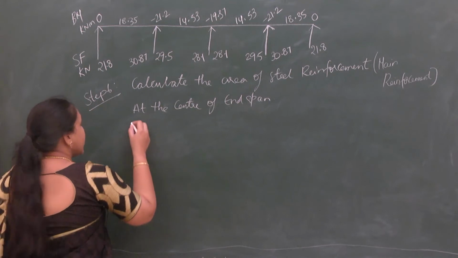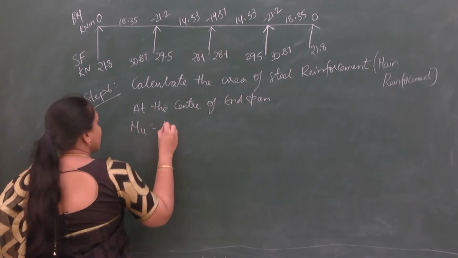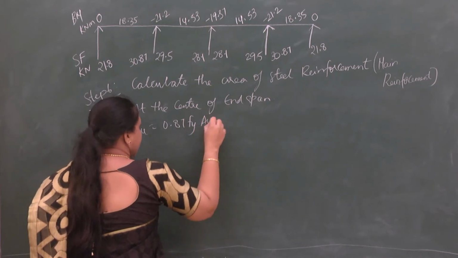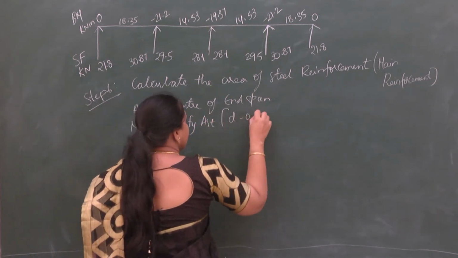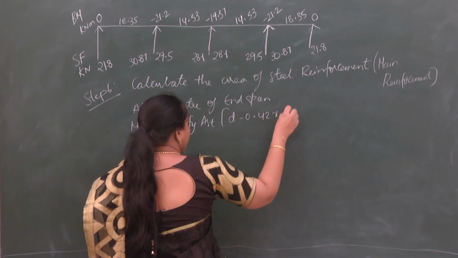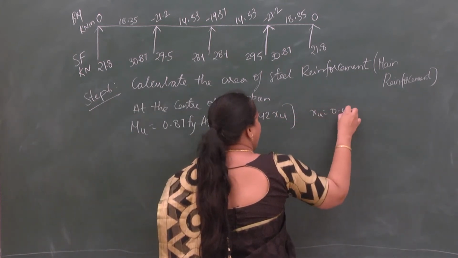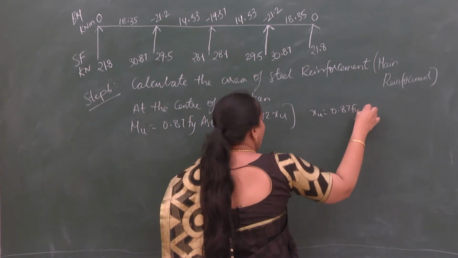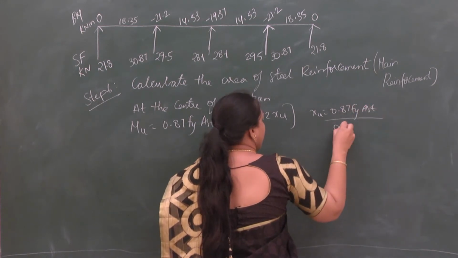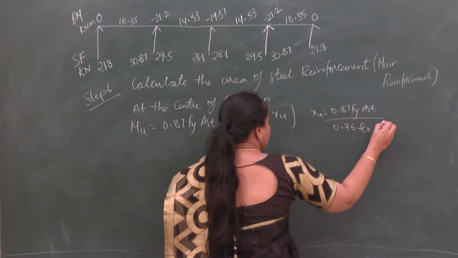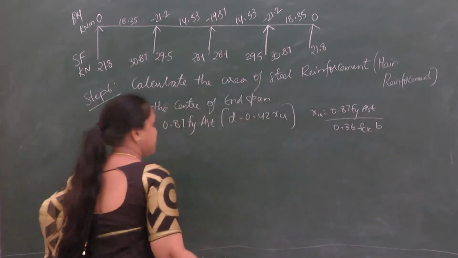So how will we calculate? It is Mu is equal to 0.87 fy into Ast into (d minus 0.42 into xu). So here xu is 0.87 fy into Ast divided by 0.36 fck into b.